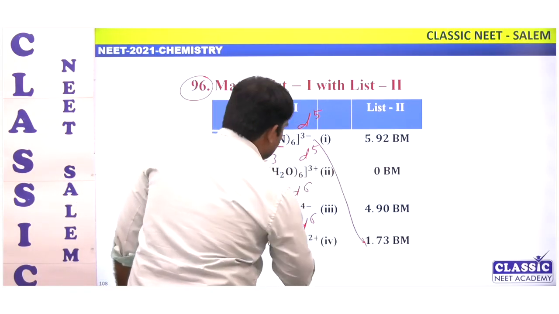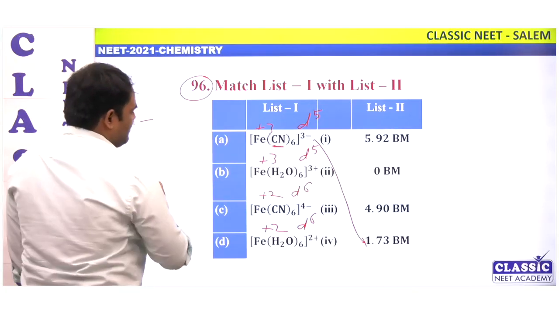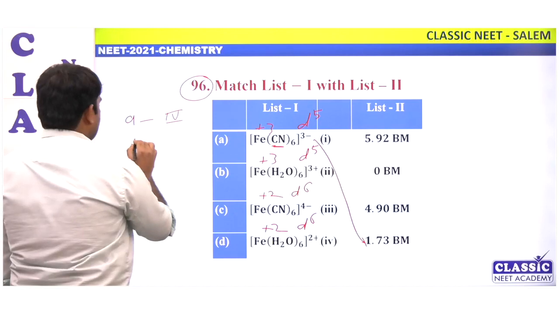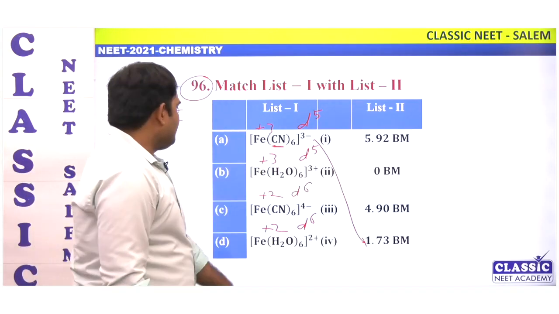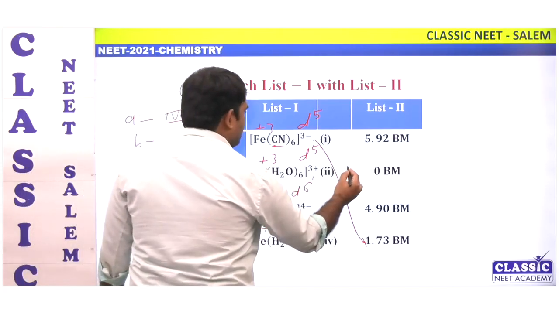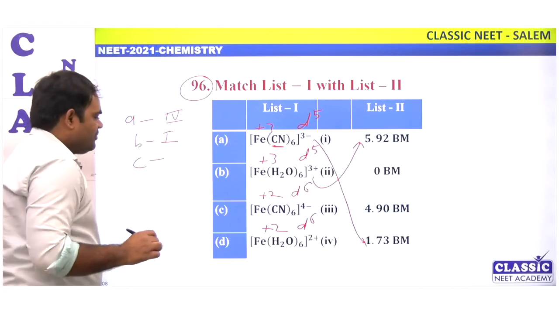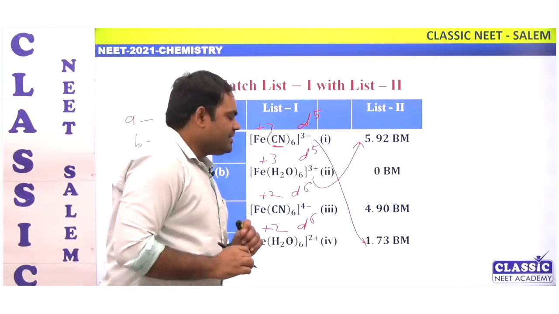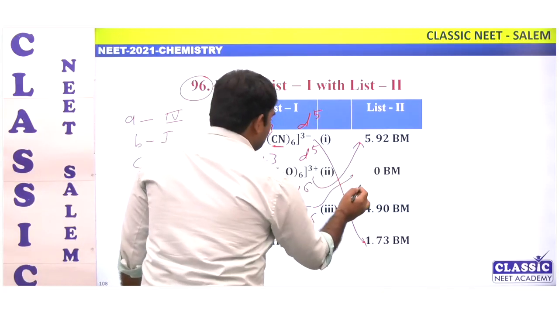So for A, what is that? For the A it is fourth. What about for the B? In the B there are 5 unpaired electrons, so that will come first. So for the B it is first. What about for the C? In that d6 with the strong field ligand, there is no unpaired electron, so second.